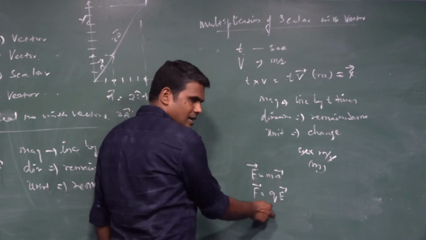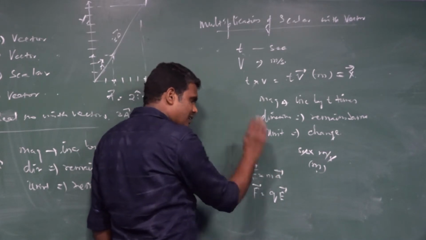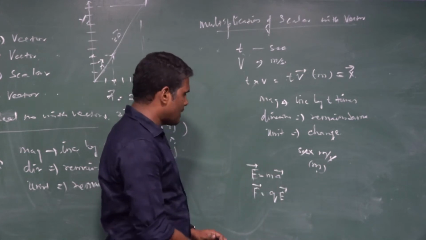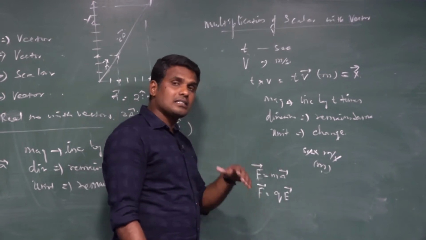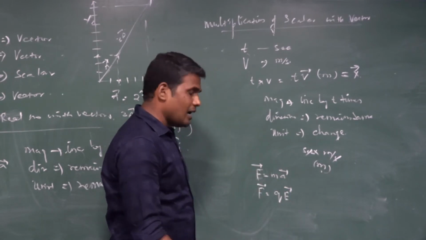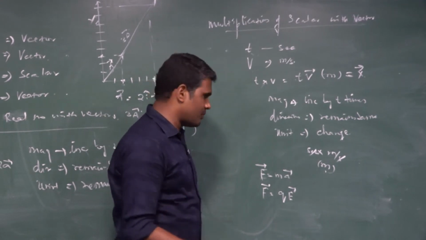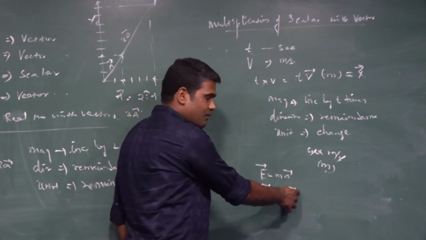Mass is a scalar, charge is a scalar, but in the first product, force always acts along the direction of acceleration. In the second case, force will act along the direction of the electric field, depending upon the nature of the charge. Charge may be either positive or negative. If charge is considered positive, then force acts along the direction of the electric field.